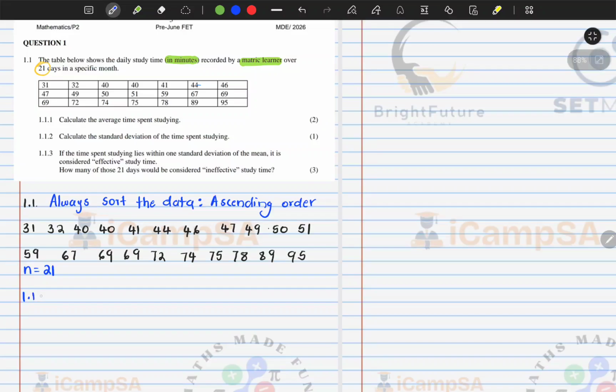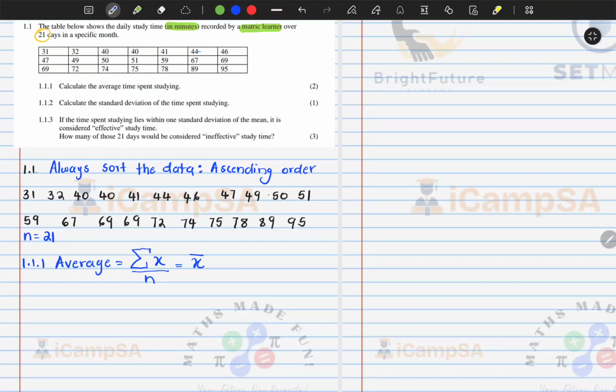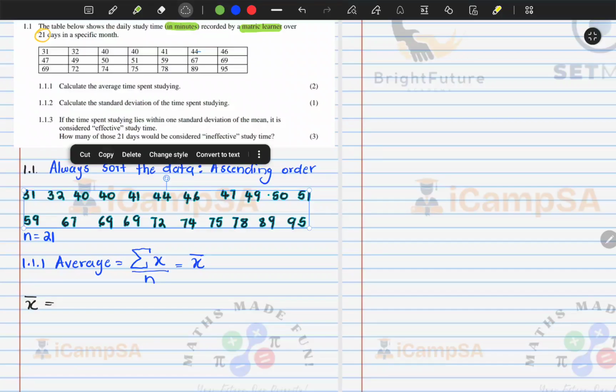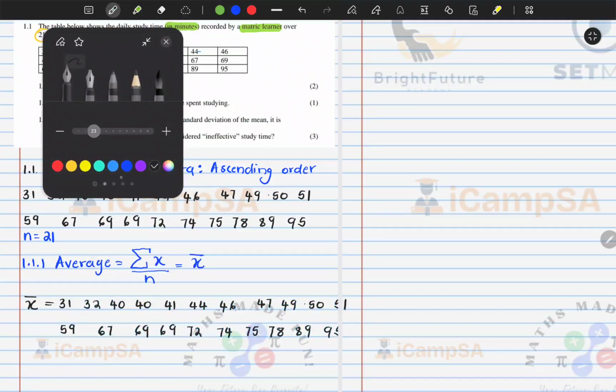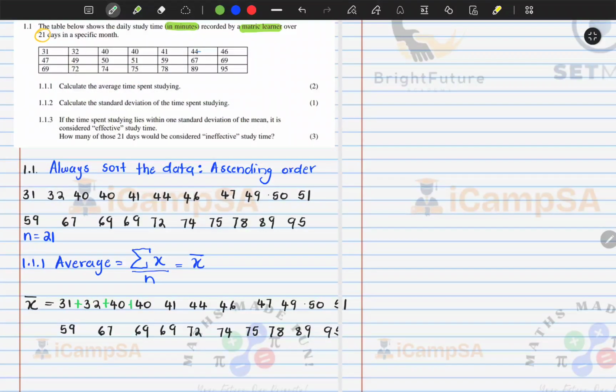Now if we go to the very first question, where we are looking at the average, you'll remember that for the average, all you do is sum the data, then divide by n. That is how you get the average, which is denoted by x with the dash at the top. So I'm going to take these numbers, and you would have your calculator. You just need to take all of these and sum them, plus, plus, plus.